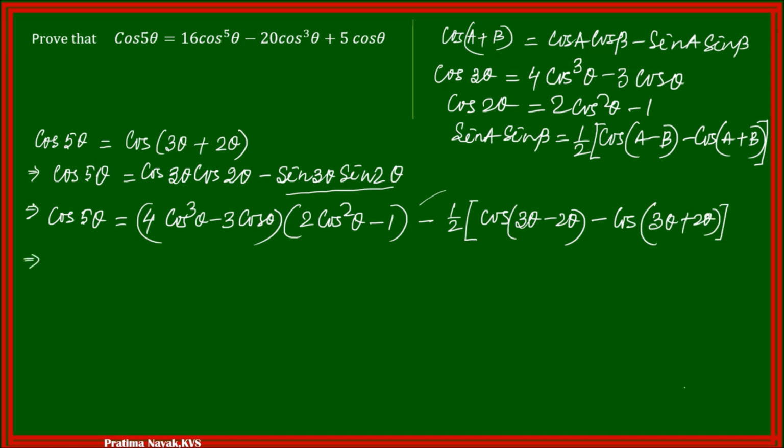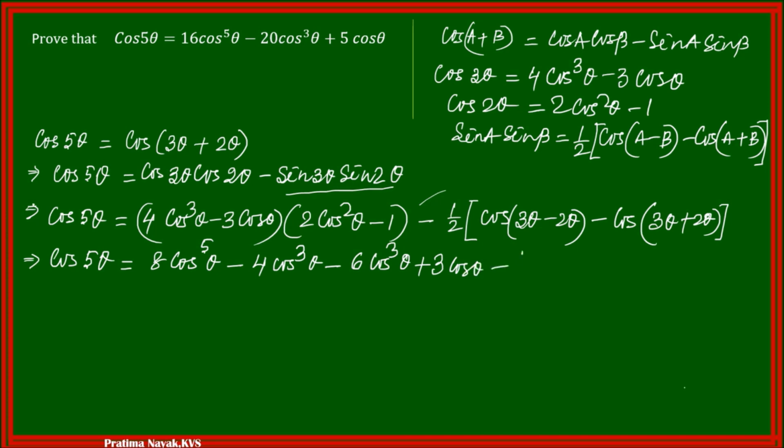So next, cos 5 theta equals, just go on multiplying, it will be 8 cos power 5 theta, then minus 4 cos cube theta minus 6 cos cube theta plus 3 cos theta, and here it will be minus half cos theta plus half cos 5 theta.